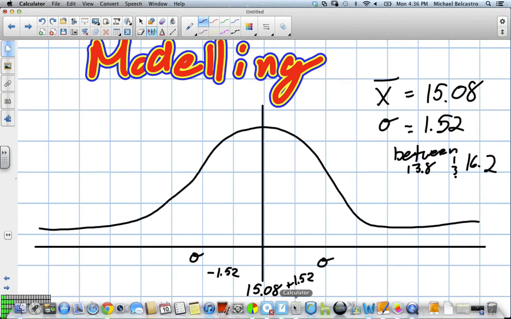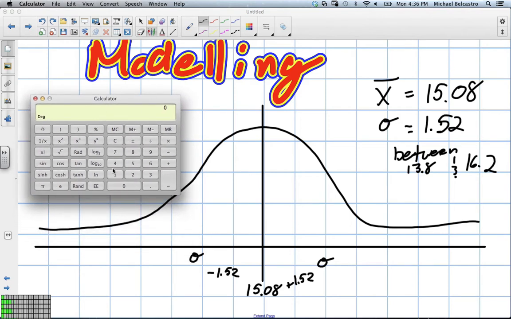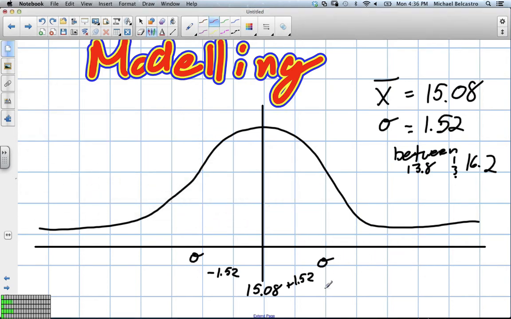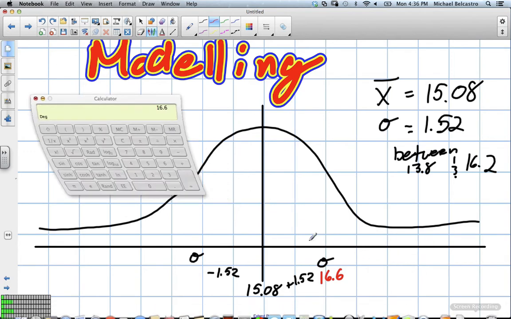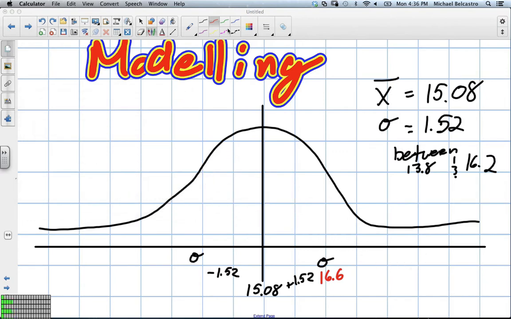So when we do those, these will again give us ideas of where our percentages should be around. 15.08 plus 1.52 is 16.6, so that's this way, 16.6 with one deviation that way, and 15.08 minus 1.52 is 13.56.